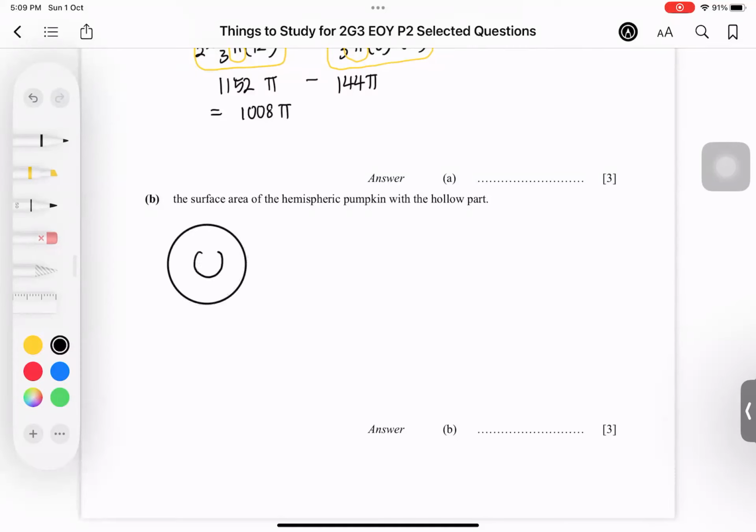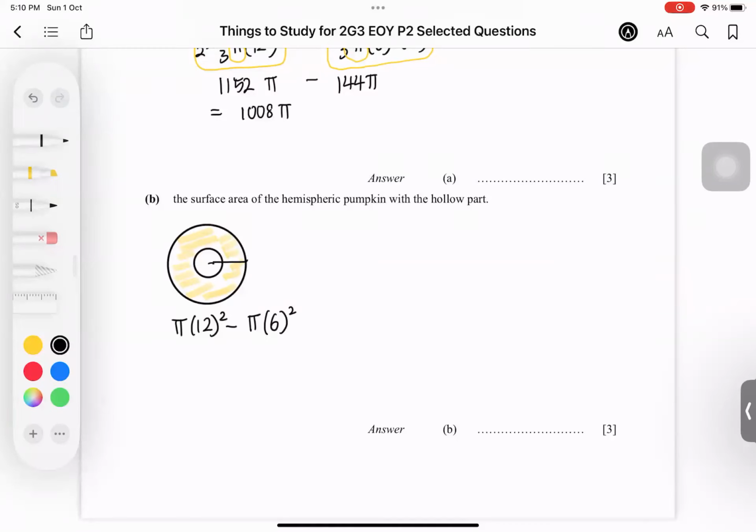Okay, so I need to find the area of the donut. This one is 12 cm and the other one is 6 cm. So the area of this donut will be the area of the big circle, pi times 12 squared, pi r squared, minus the smaller circle, pi 6 squared.